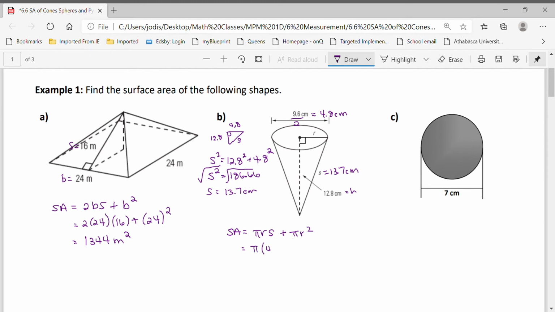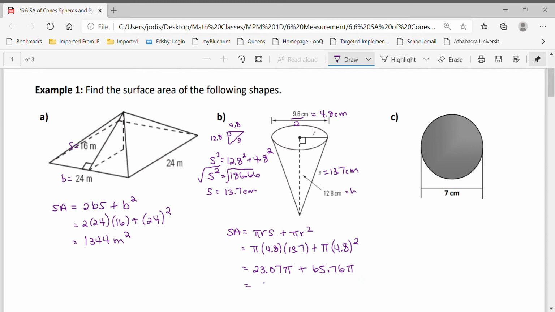So pi times the radius times the slant height plus pi times the radius squared. Whenever we have pi like this, we can keep things in terms of pi. So we could do 4.8 times 13.7. That's 65.76 pi, and then plus 4.8 squared is 23.04 pi.